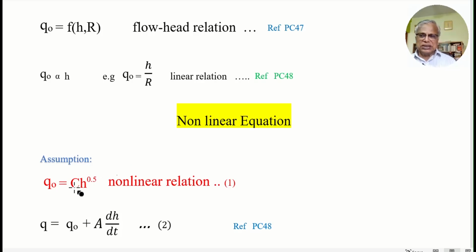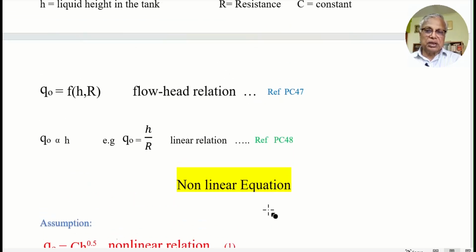This is one such example of a nonlinear relation. The flow-head relationship need not always have a nonlinear relation in this way. It can have h power anything. I am considering a simple relationship, C into h power 0.5, that is, Q naught is proportional to root of h, and the proportionality constant C is a constant.